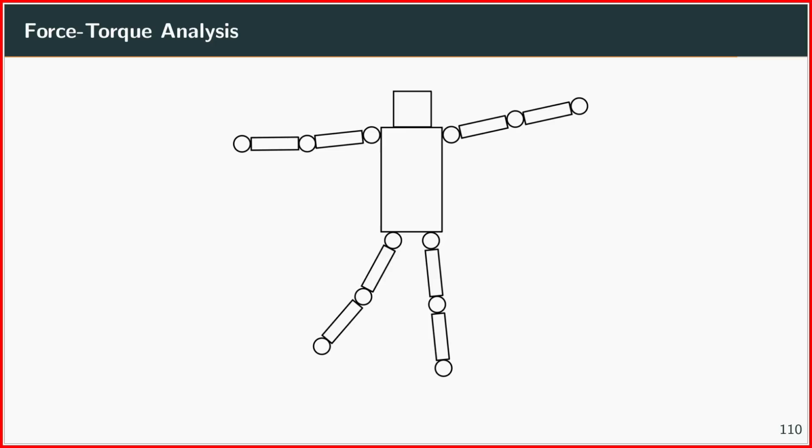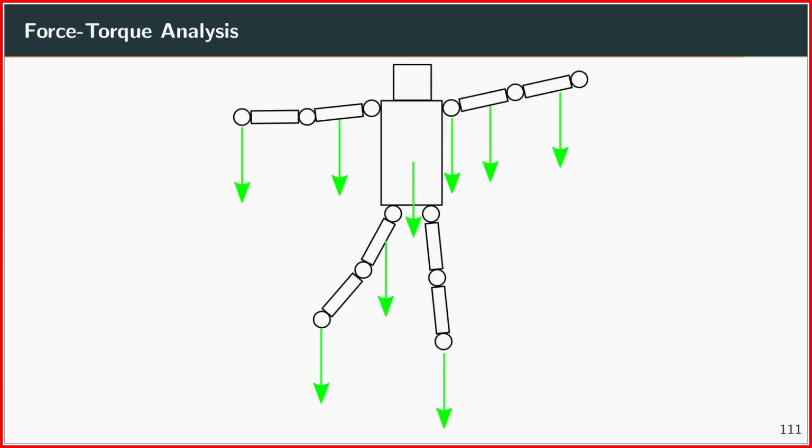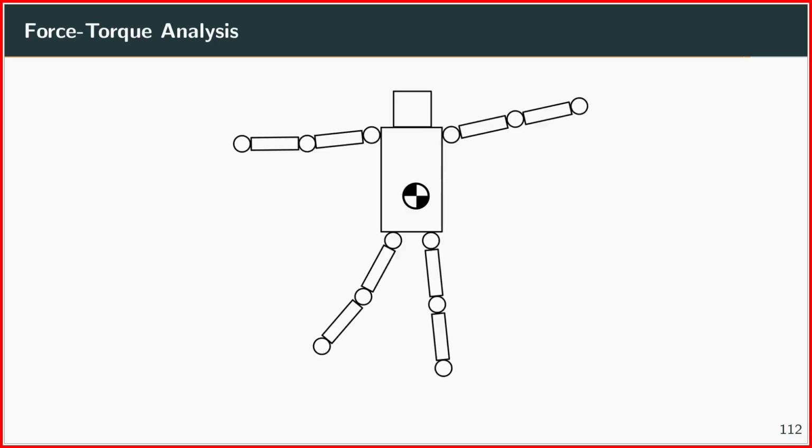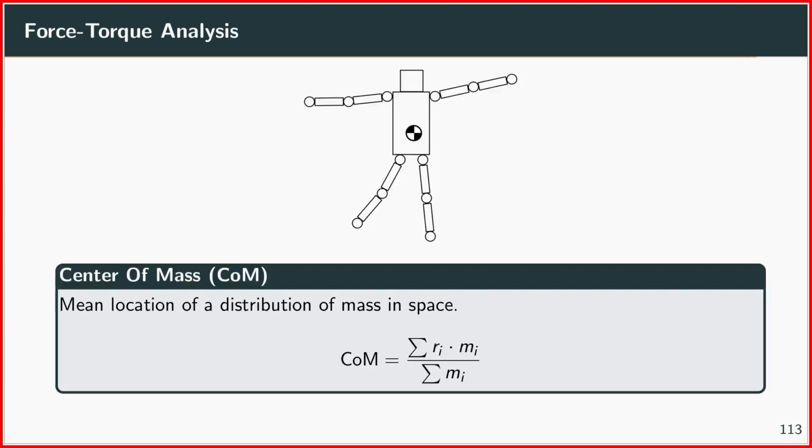So let's say you have this animation here of this humanoid robot, and you assume that it's in a uniform force field like gravity. That means that at each point of the robot there is a force acting on the robot, pulling the robot down. And one important consideration for computing static equilibrium is the center of mass.